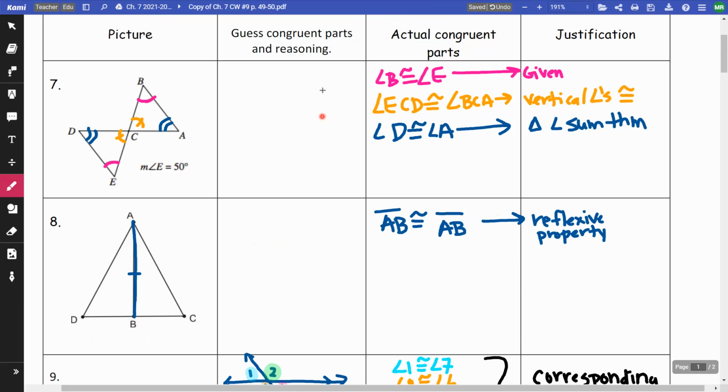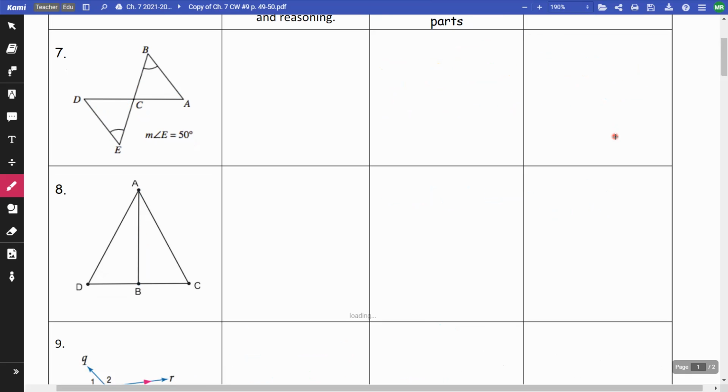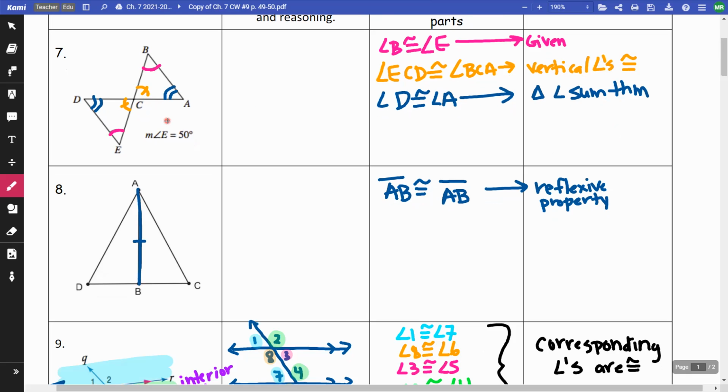I didn't know that originally, but I know it since I know these two angles. And the reason is the triangle angle sum theorem. Don't know anything about any of the sides. The only thing I know are those angles.